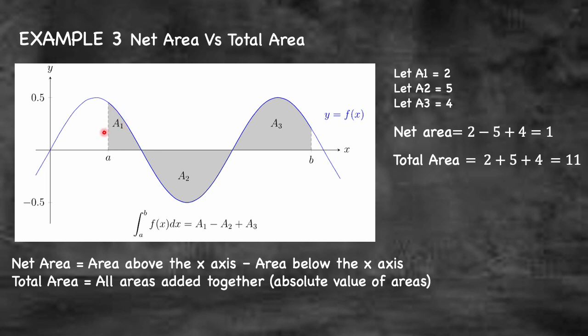I'm going to find the area of this, and then because I know this is going to give me a negative area, I would negate it. So I would have a double negative and it would become a positive. And then I would just find the area of A3, and then I would add up all those values, and that would give me the total area.